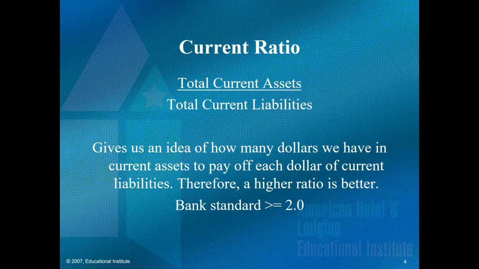The bank standard is 2. What the bank wants to see is at least $2 in current assets for every dollar in current liabilities, because they know there are other things sitting out there that we're going to have to pay other than our accounts payable, like bank loans.